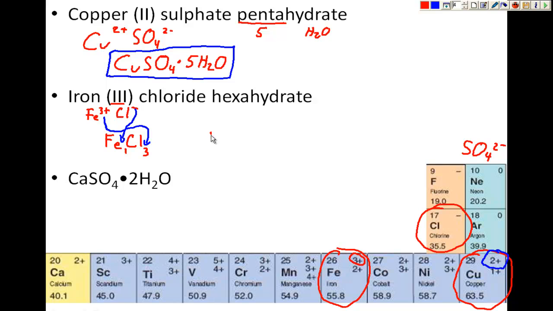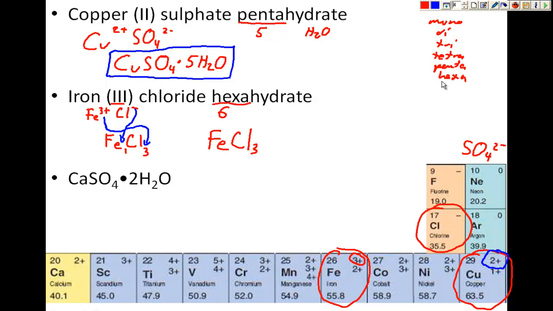So I'm going to rewrite it again and write just FeCl3. Okay, and then it says hexahydrate. And if you look on the chart before this, hexa means 6. Okay, so it goes mono, di, tri, tetra, penta, hexa, hepta, octa, nona, deca.